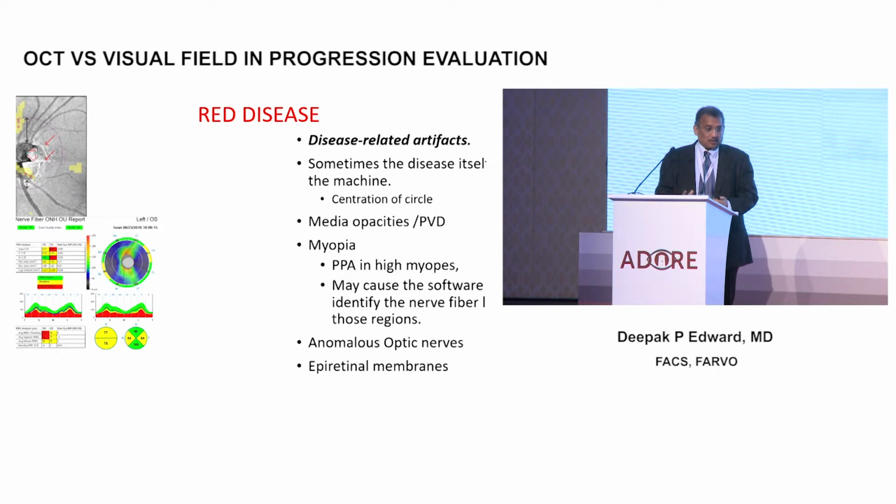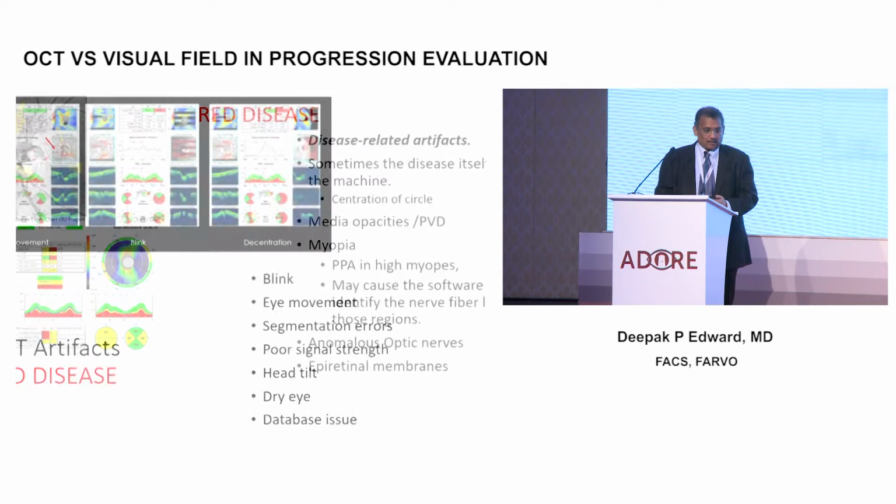The disc is large and the machine doesn't detect the edges well. Media opacities can cause spurious retinal nerve fiber layer thinning. Peripapillary atrophy and myopia create havoc, and I'll show an example of that. Anomalous nerves and epiretinal membranes can all cause problems, and you see how this patient, who actually doesn't have glaucoma, was labeled as having glaucoma because of quote-unquote thinning of the nerve.